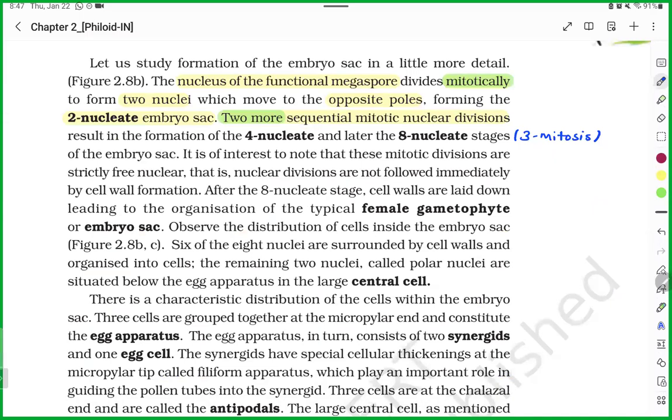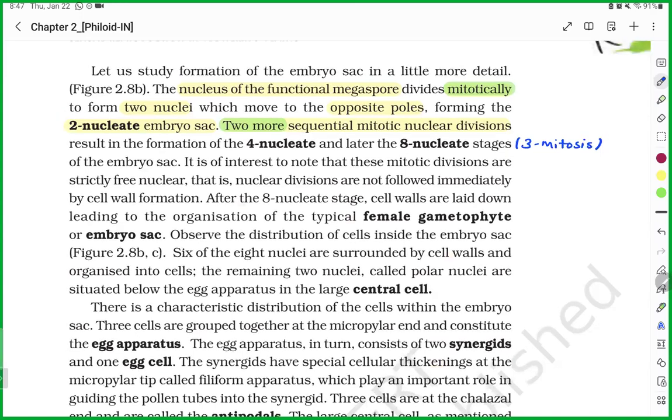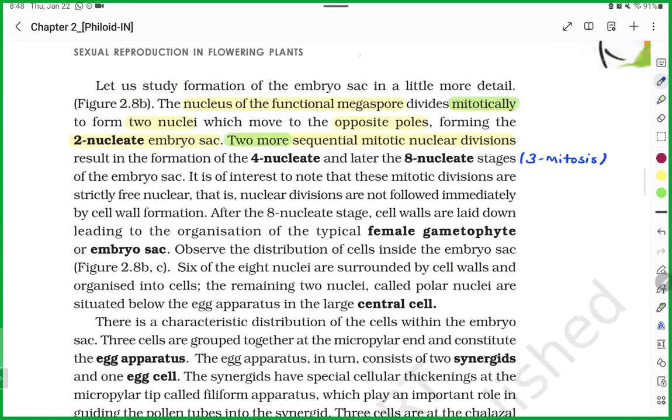So this was yesterday's question: how many mitoses and meioses? Overall, the megaspore is formed by the meiosis process, where four megaspores are produced and only one is functional, from the megaspore mother cell.